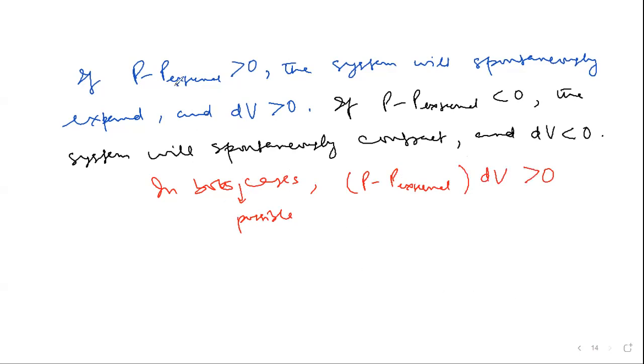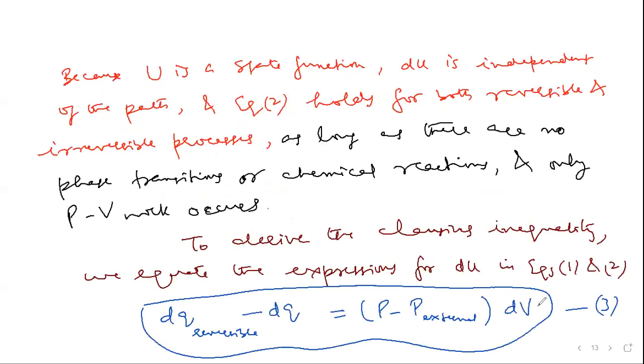In the first case, both are positive, so the product is positive. In the second situation, both are negative, and the product negative times negative will be positive. That means for both cases, this right hand side is positive, right?